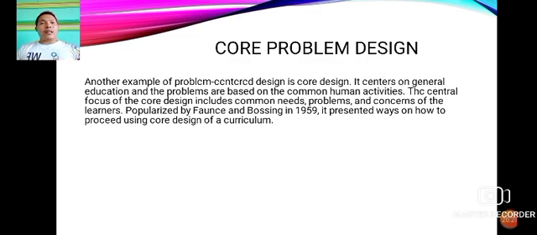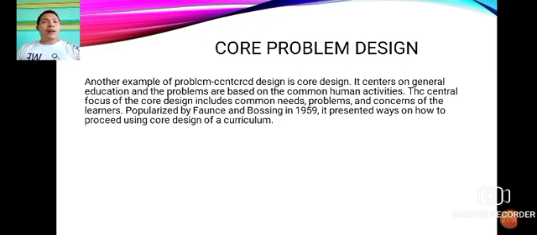Next we have the core problem design. Another example of the problem-centered design is the core design, which centers on general education, and the problems are based on common human activities. The central focus of the core design includes the common needs, problems, and concerns of the learner.